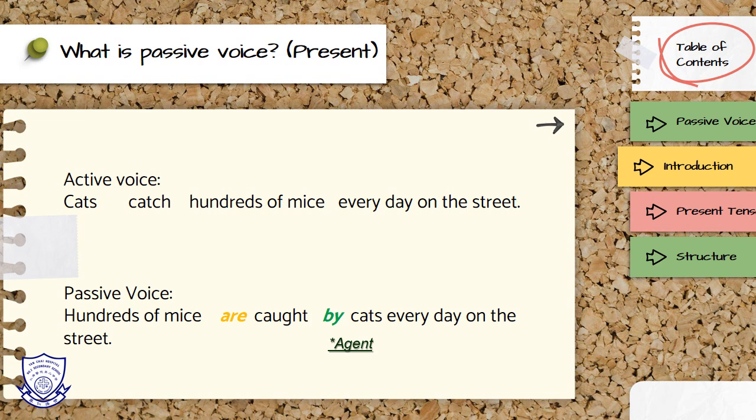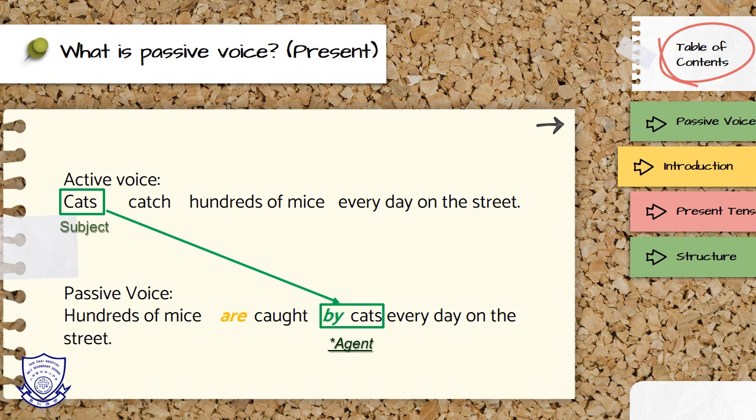First of all, let's take a look at the subject and how it changes in the passive voice. In the sentence in active voice, cats is the subject. When the sentence is rewritten in the passive voice, you can see that the position of cats is now different.